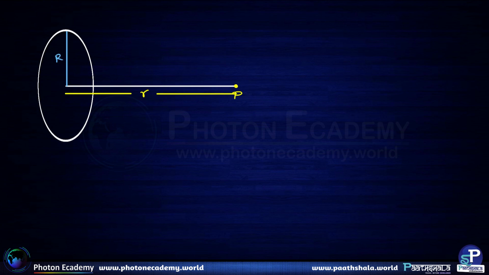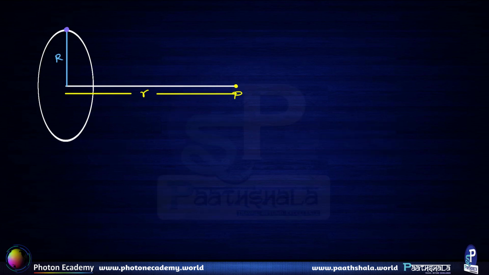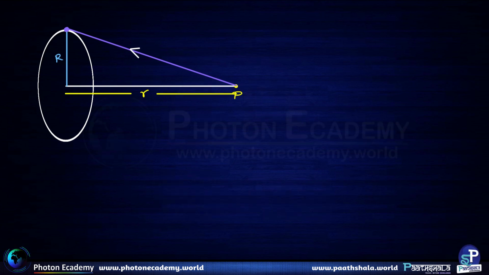Now it is easy to understand that because of this small mass dm, the ring's gravitational field is going to be pointing from the point P towards this mass dm. This is the direction in which the gravitational field is going to be pointing. And what is going to be the magnitude of this field because of the small mass?